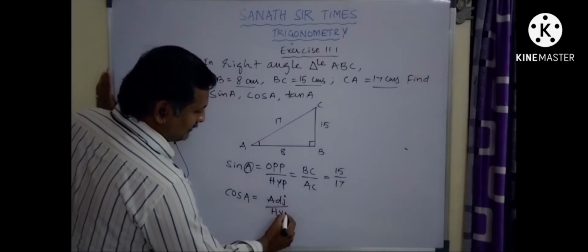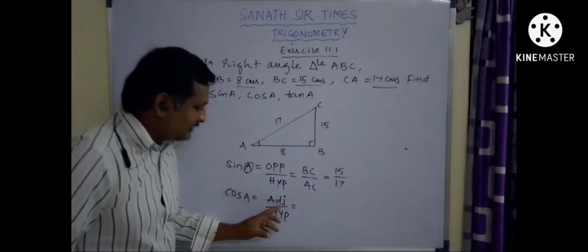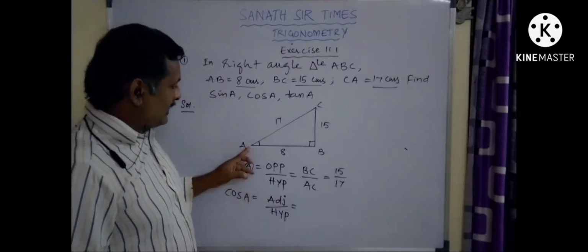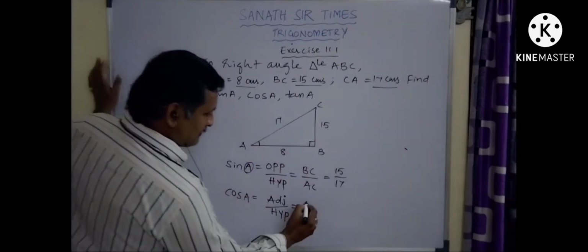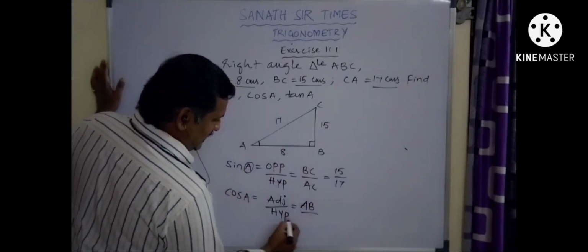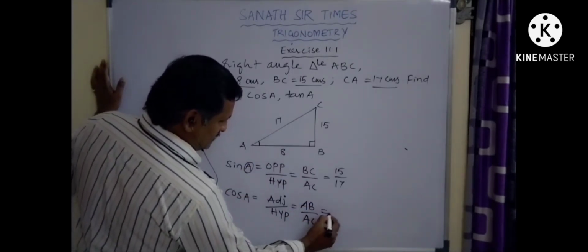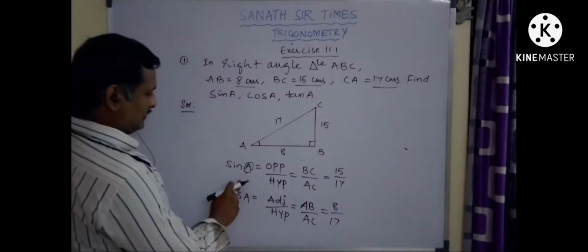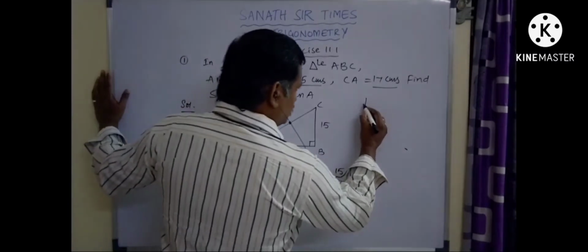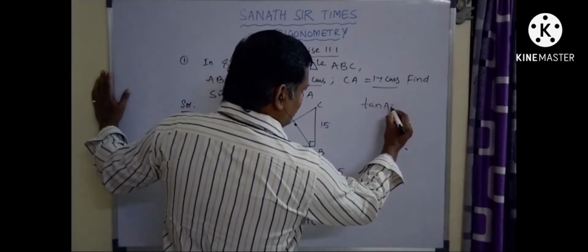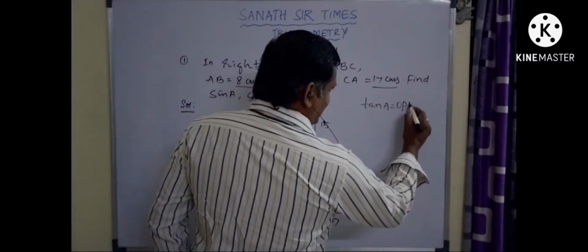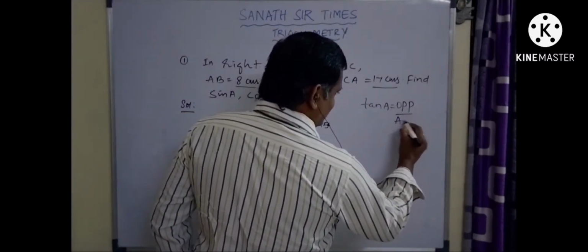Now you could ask me, sir, what is adjacent side? Adjacent side to the angle A. Now the side which is adjacent to angle A is AB divided by hypotenuse AC. So AB is 8 centimeters divided by AC is 17. So this is cos A. And coming to tan A, which is the third one, tan means opposite side divided by adjacent.